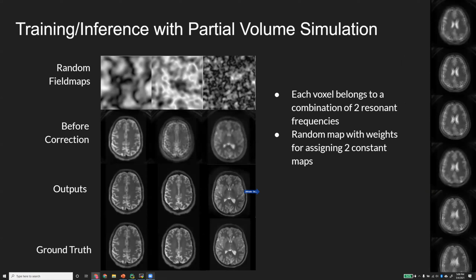Let's say we have two frequencies, for example fat and water, and on the right you can see some regions are more in focus, and the top images are also more in focus here. Instead of assigning a single frequency, we assign two frequencies and assume some proportion of the pixel belongs to fat and some proportion belongs to water. It's also able to solve this.